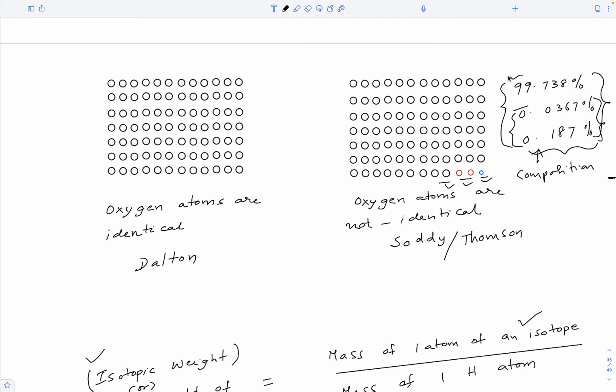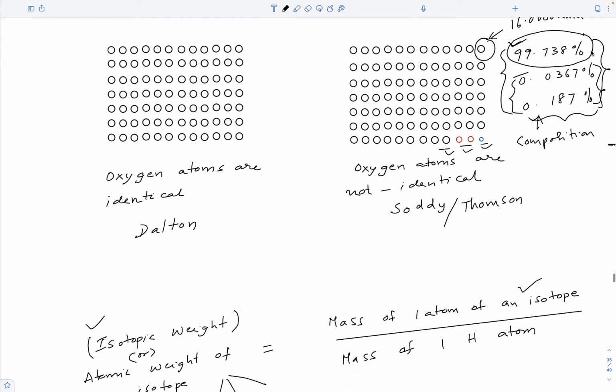So they could only see the most abundant isotope of oxygen. So a physicist would say, I took the mass of the most abundant oxygen atom as 16 AMU, the oxygen atoms that I could see in my mass spectrometer.